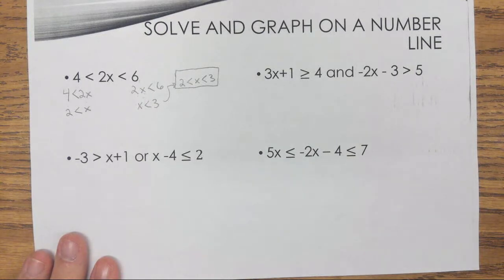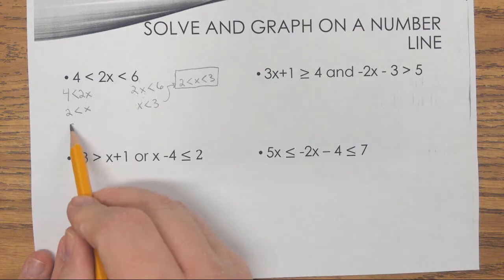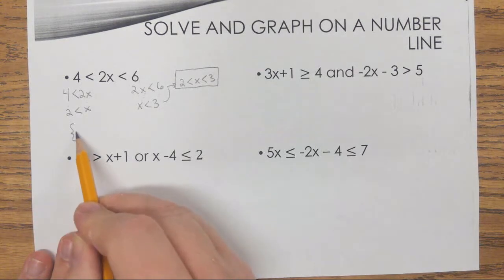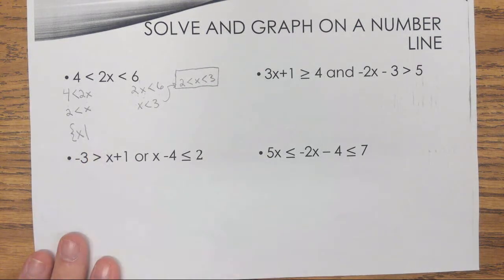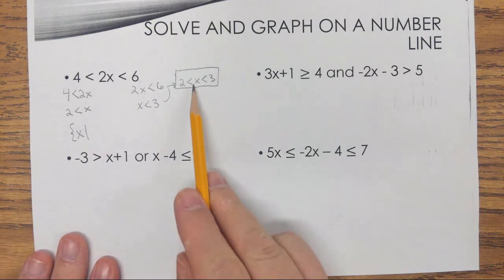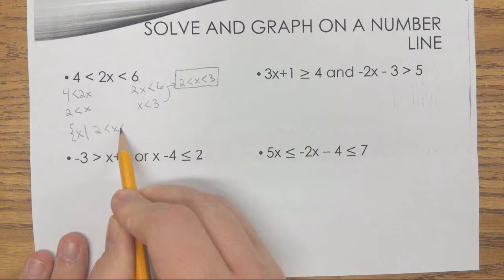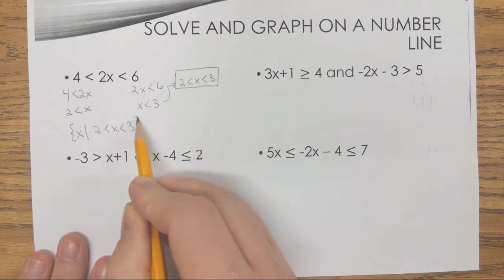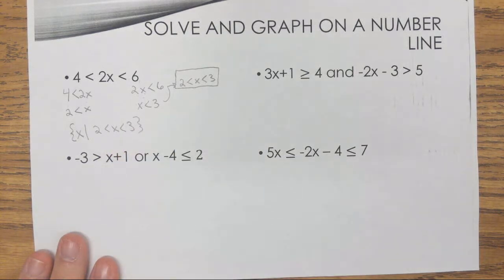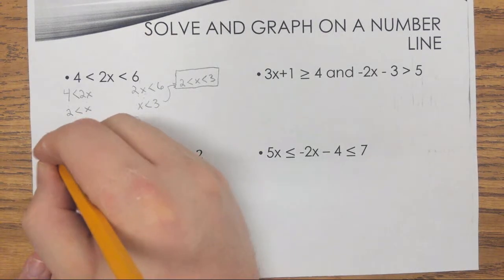But let's use some more previous knowledge and write these solution sets out. We'll do set builder notation and interval notation. For set builder notation, we're going to do our little squiggly bracket, x such that, and all we're going to do is plug this back in: 2 is less than x is less than 3, squiggly bracket close. Okay, so that's set builder.